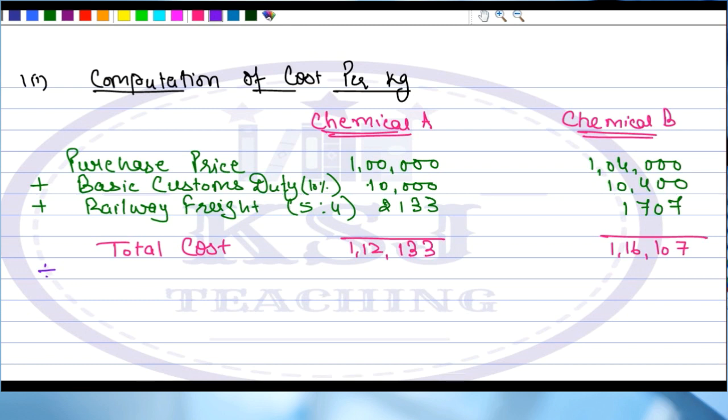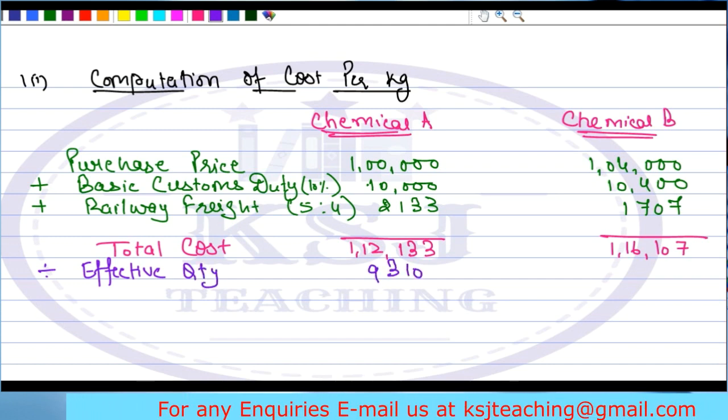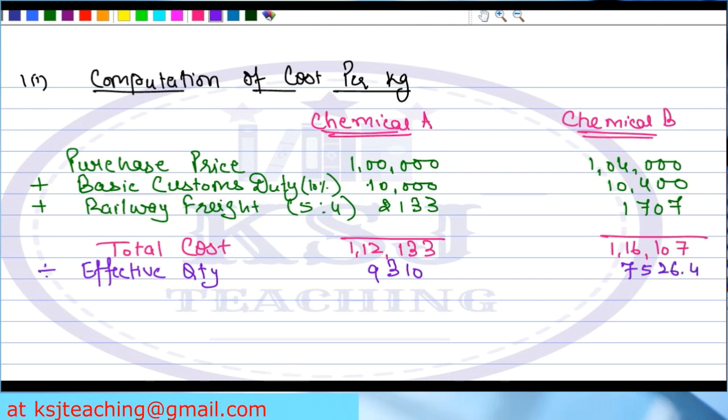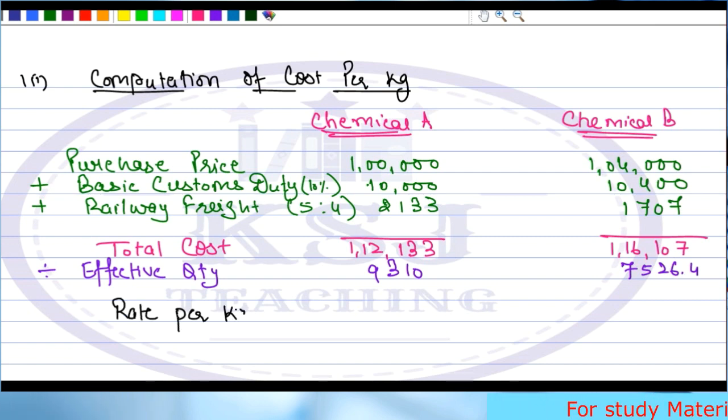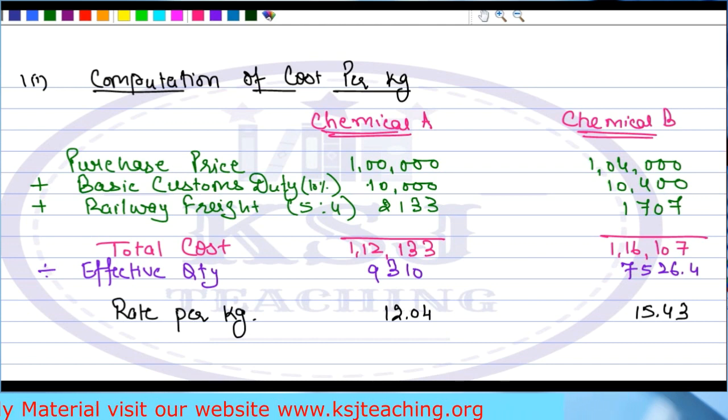So we'll divide it by the effective quantity that we calculated in the first part, that is 9,310 kg and 7,526.4 kg. Then what you will be getting is the rate per kg. Rate per kg is 12.04 and 15.43, right? So this was the requirement of the question.